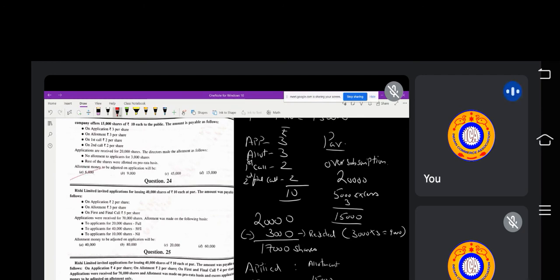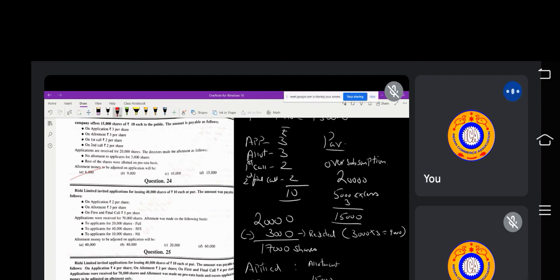So I hope you all would have understood these problems which we have discussed so far. Problem number 18, 19, 20, 21, 22, 23, 24. Altogether we have discussed some 7 problems. So please understand the problem, work it out, and see whether you are getting the right answer.